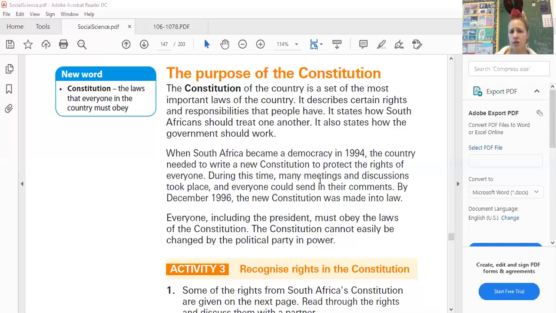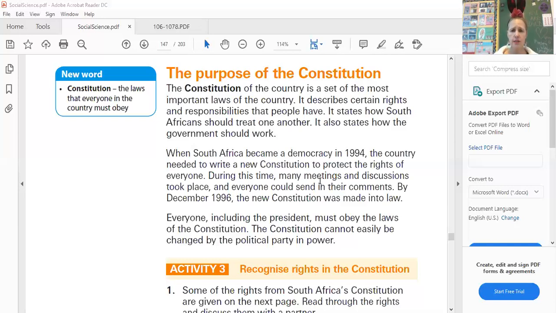The Constitution cannot easily be changed by the political party in power. Okay, so that makes a lot of sense. So we must obey the law, and it is fair for every citizen. And then the politicians cannot just change the law as they feel.